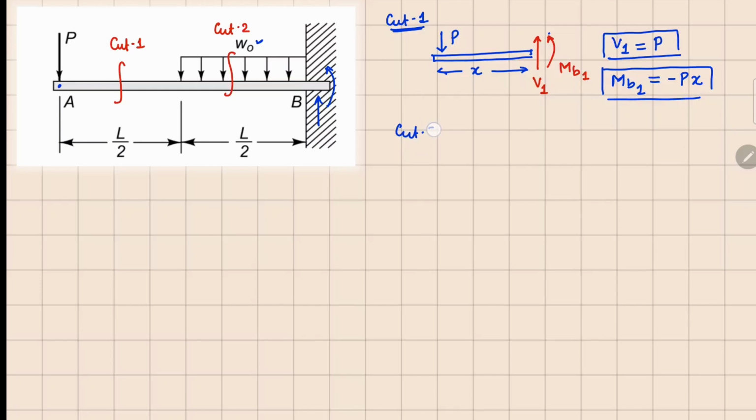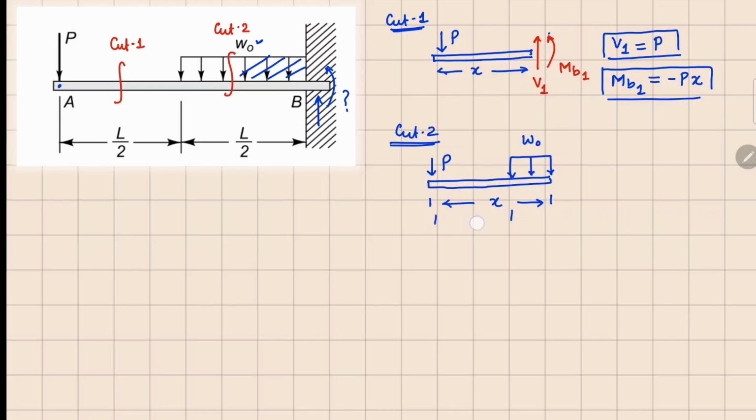Now let's go for your cut 2. Although the right part is easier for us to analyze, since we do not know these reaction forces, let's go and analyze the left part of this beam. So this is again force P here, and only some part of this UDL will come into picture, and again your distance for this cut is x from here to here.